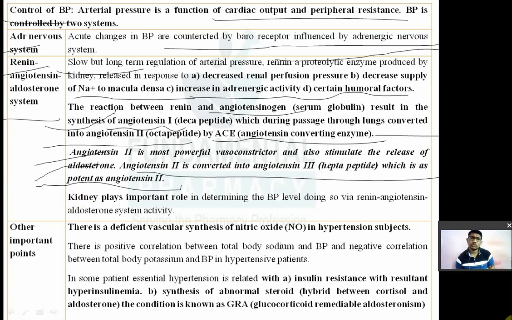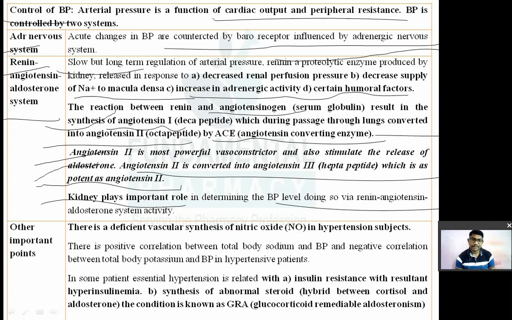So remember, angiotensin 1 is a decapeptide, angiotensin 2 is an octapeptide, angiotensin 3 is a heptapeptide. Now, the kidney plays an important role in determining the blood pressure level, and it does so by the renin angiotensin aldosterone system.